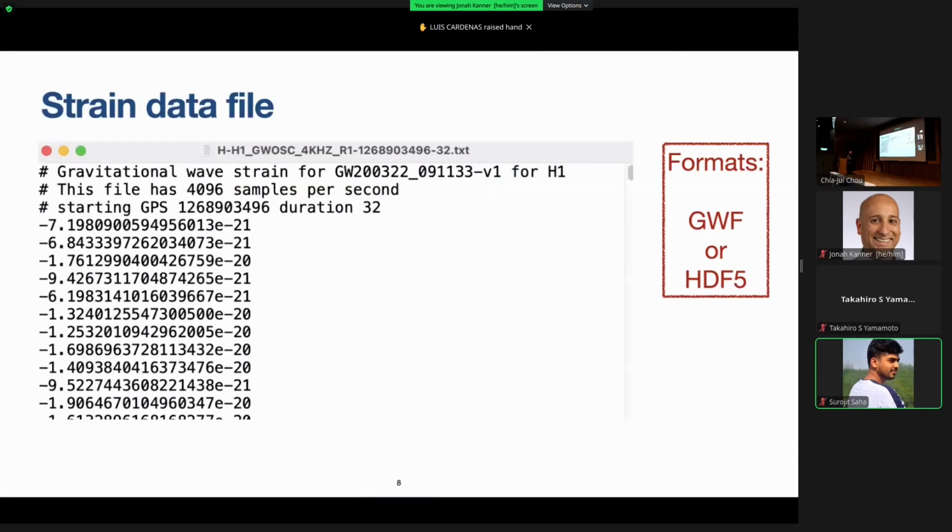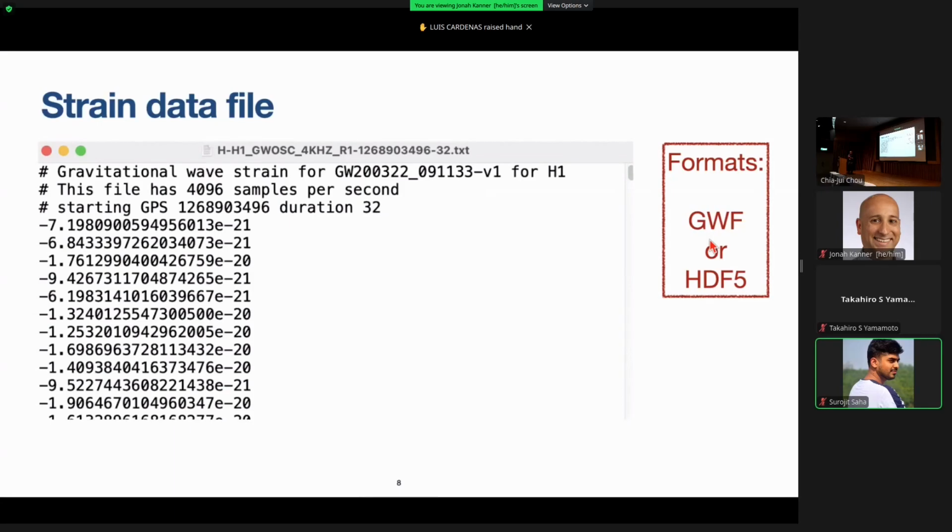Okay, I wanted to give an introduction to our data files. What does it mean to open up a data file? What's actually in there? Maybe the first thing to say is that we generally make data available in 2 formats. The 2 file formats are basically equivalent information. We make them available just for convenience. GWF is a gravitational wave frame file.